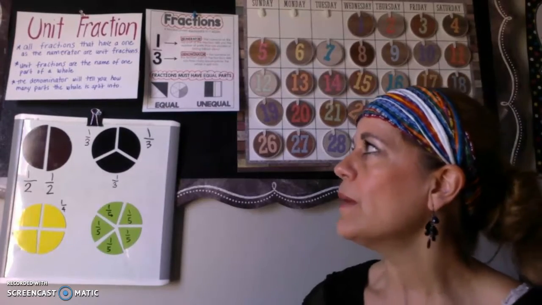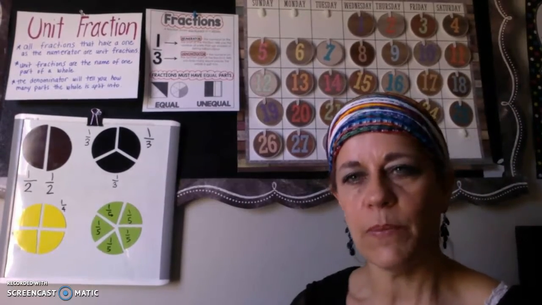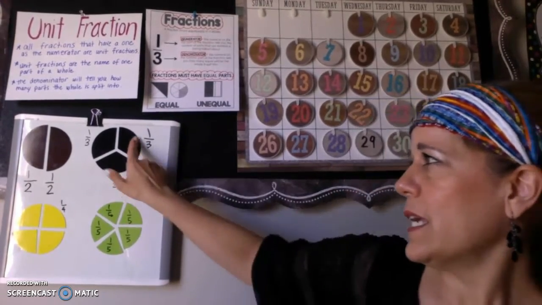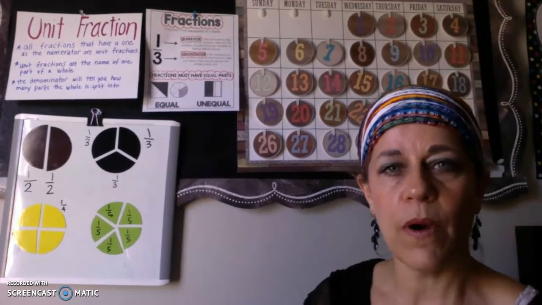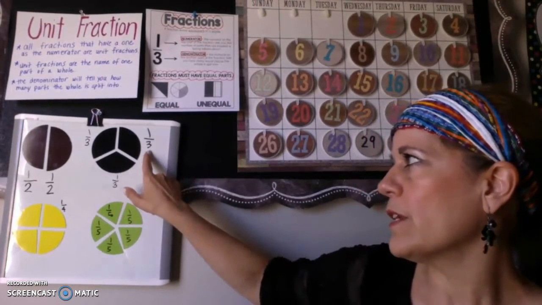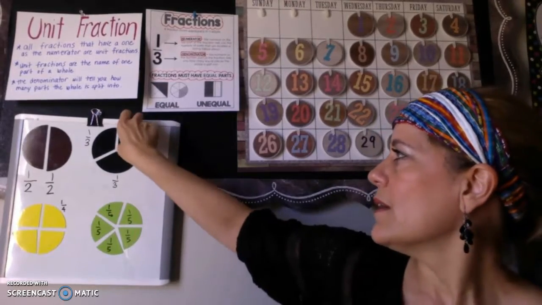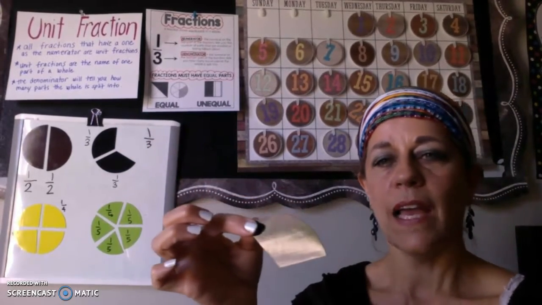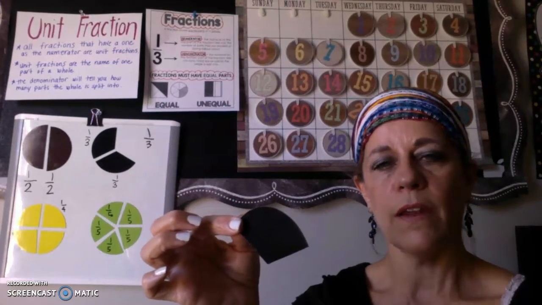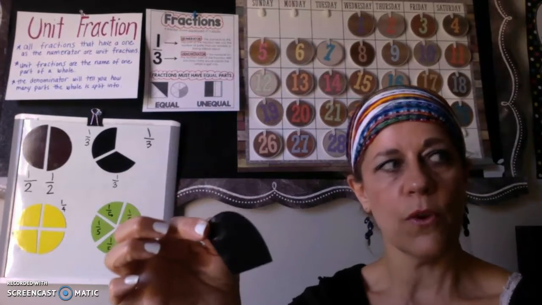The denominator will tell you how many parts the whole is split into. Let's take a look at this circle. We know it's divided into 3 parts, so my denominator is 3. If I give you this part, I'm giving you 1 part out of 3, or 1/3.